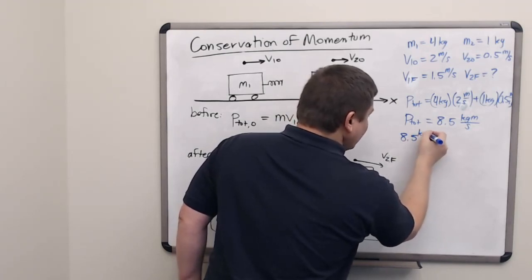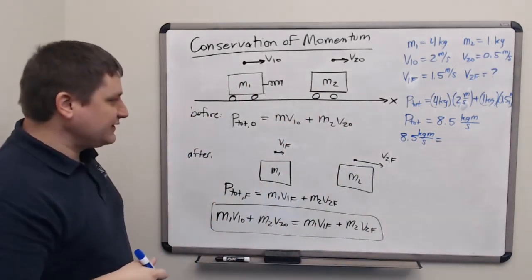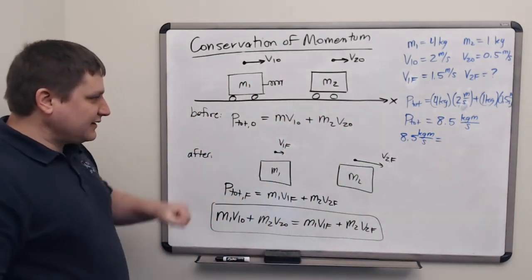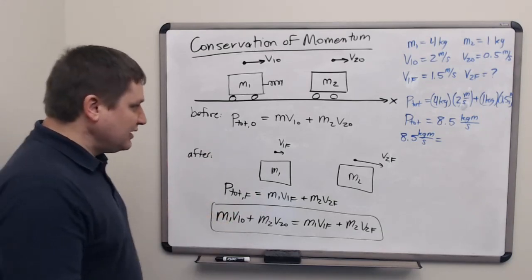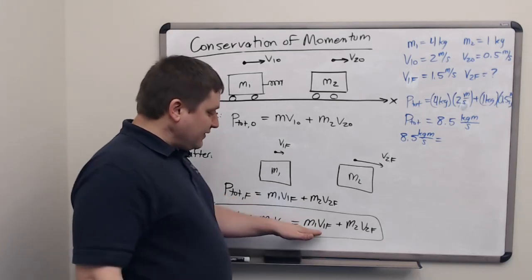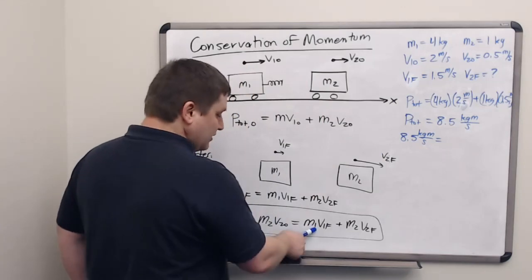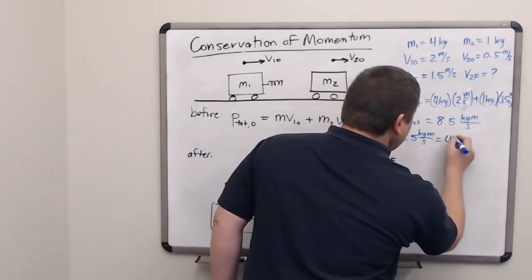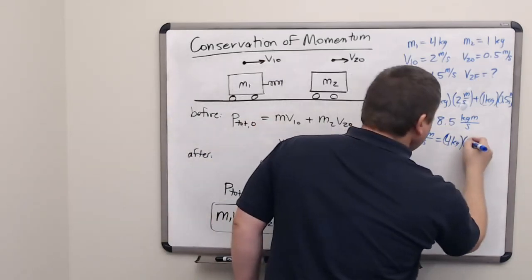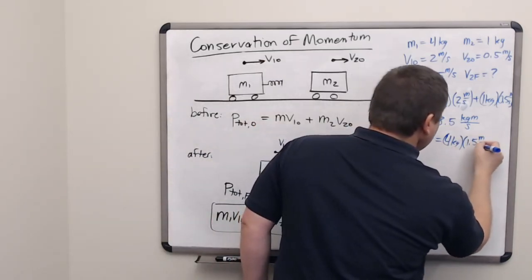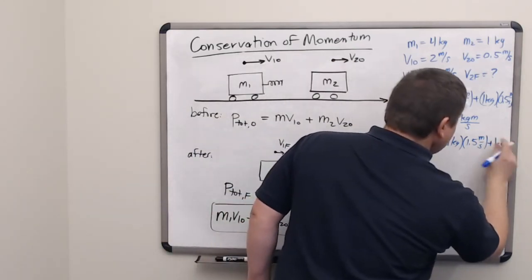Now that we've got the total momentum, we know, since there's no external forces and no friction, that this is the same total momentum at any point of the motion. So I can equate this to the final velocity values. So 8.5 is the total. Mass 1 is 4. V1 after the collision is 1.5. Mass 2 is still 1 kilogram.